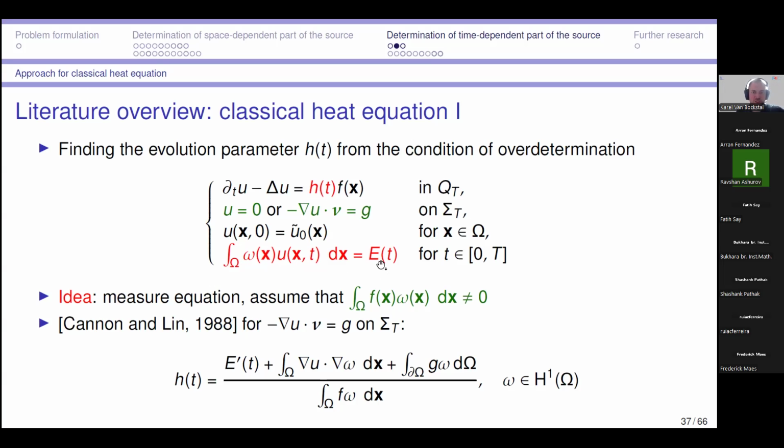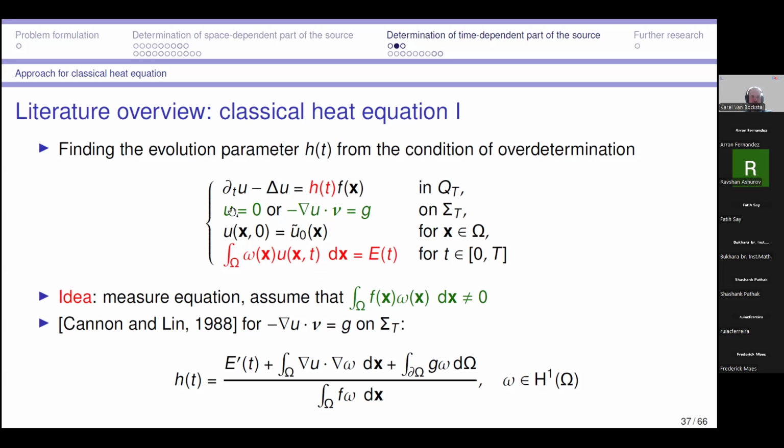This measurement is denoted by E of t, and you can consider Dirichlet and Neumann boundary conditions, but the conditions on the weight function will be different. In the case of a Dirichlet boundary condition, we will also need that omega is 0 on the boundary. For the Neumann boundary condition, only H1 regularity will be needed.